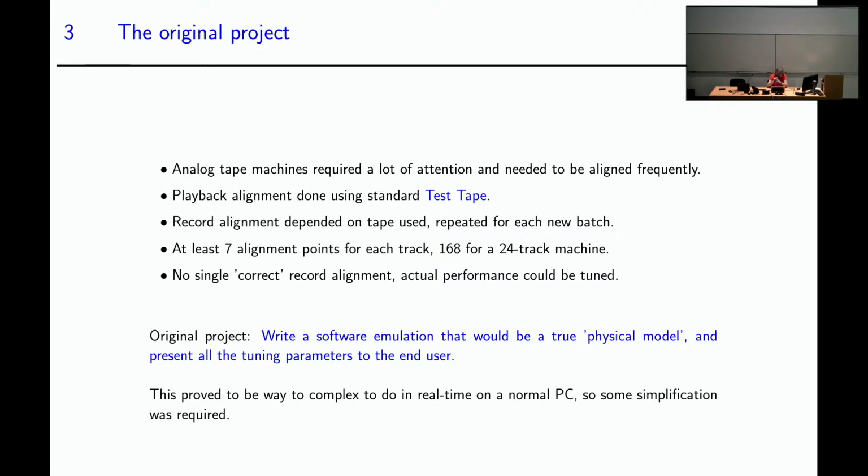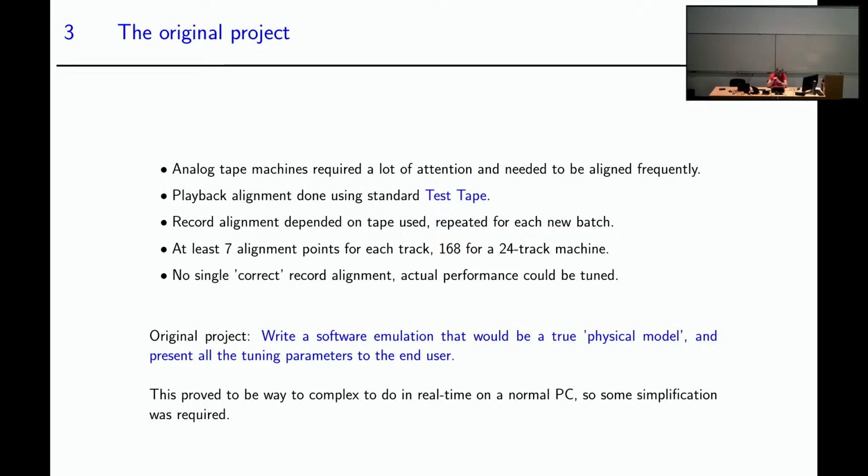And on most machines you had at least 7 of those for each track, which means for the 24-track machine, you had 168 things to adjust. You needed to do that each time you started using a new batch of tape, for example, and also at least once a week. So with a bit of experience, you could do that in 1 hour.